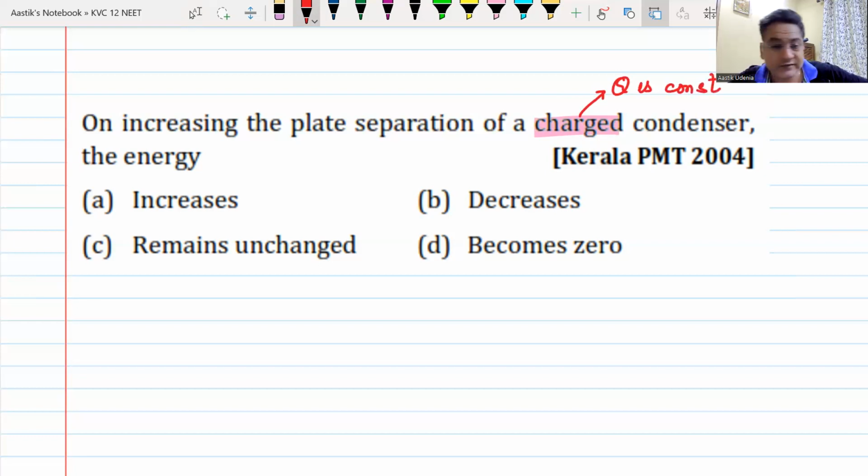So remember this. Conductor is charged and the charge on the conductor is constant. On increasing the separation of the plates, what will happen to its energy?